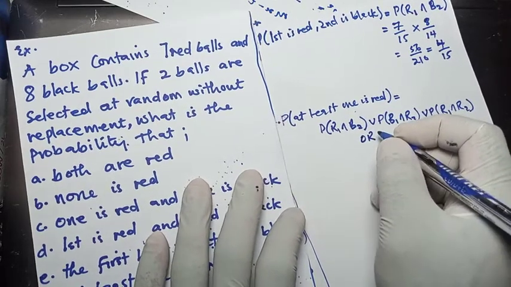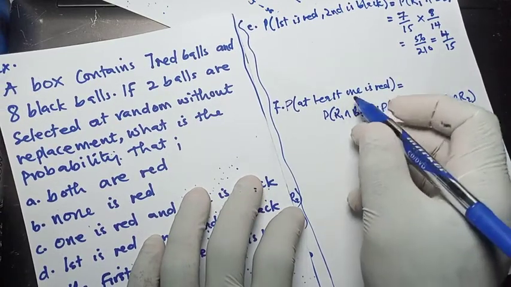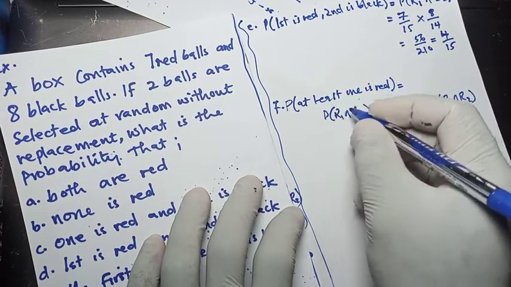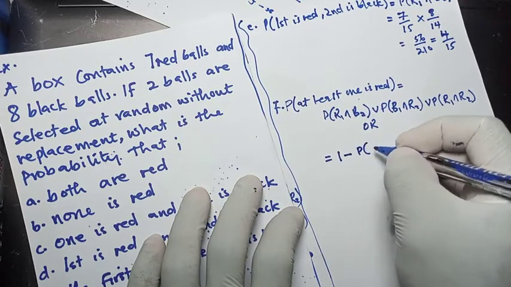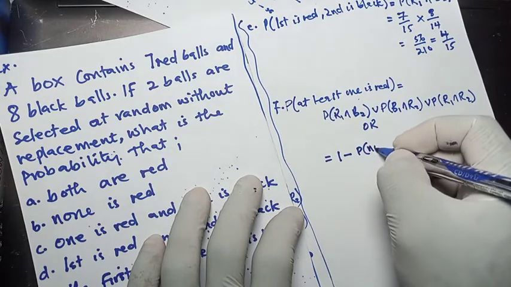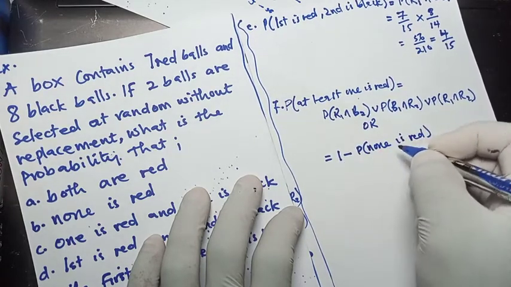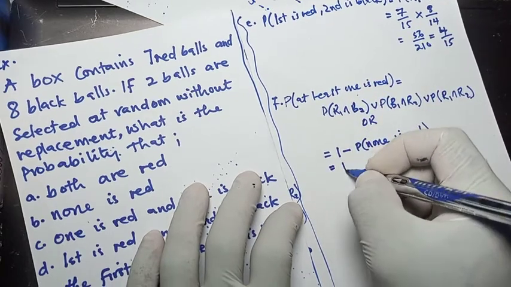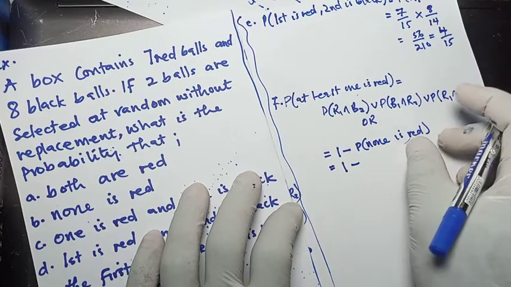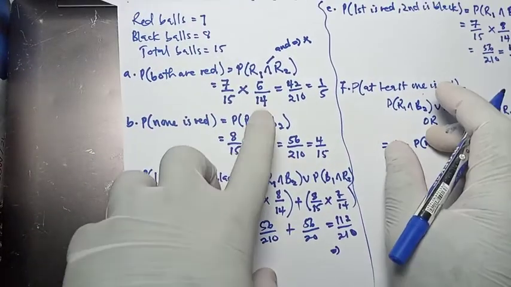But I prefer using the shortcut. If you refer to our lesson 1, see that we use a shortcut there for at least 1. So whenever you see at least 1, you can also prefer to write 1 minus the probability that we have none. So none is what? Red. So the probability for none, you can subtract from 1, and it's the same as what? At least 1. Now already we've solved for what? None already. So the none is here.